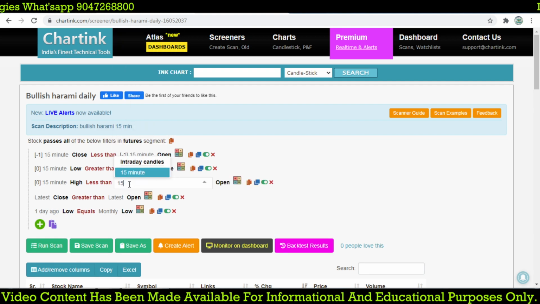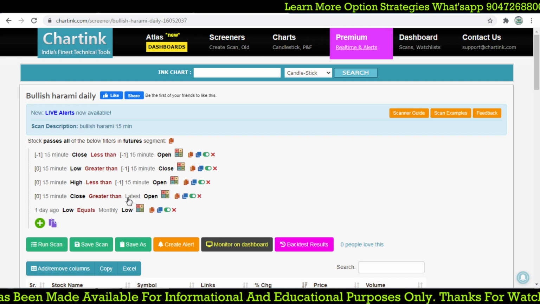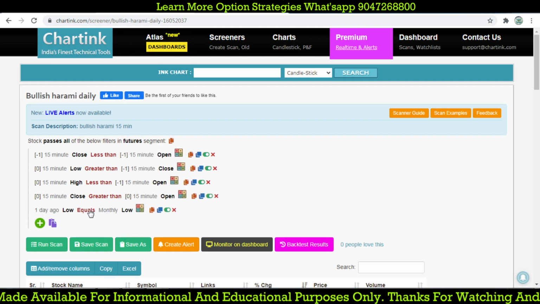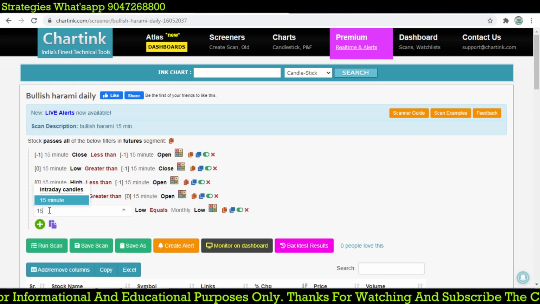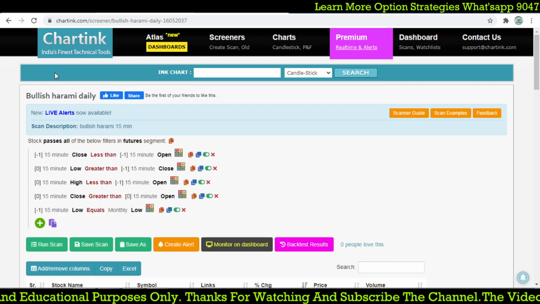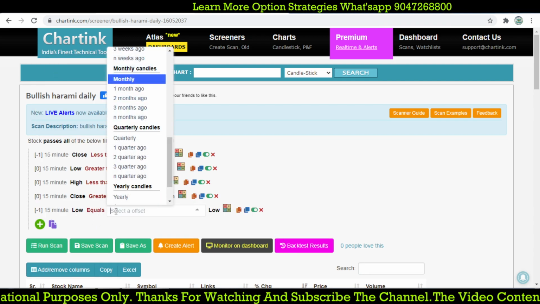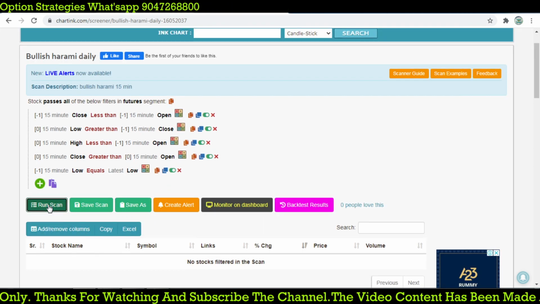Here 15 minutes candle close is greater than the open, and this is minus 1 15 minutes, and we are going to focus on the minus 1 candle and the low equal to the latest low, right? So let's run the scan.